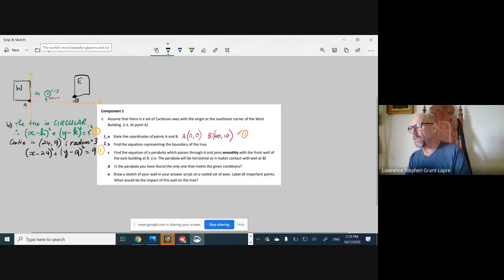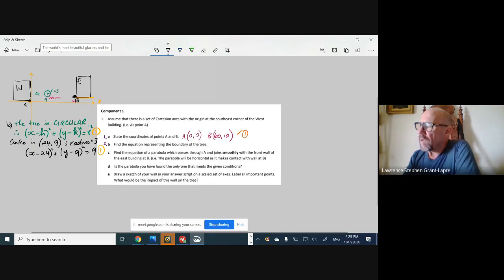Okay. Part C. Find the equation of the parabola which passes through A and joins smoothly at the front of the wall of the east building. If it joins smoothly with the front of the building, there's the front of the building here, and it even says horizontal.